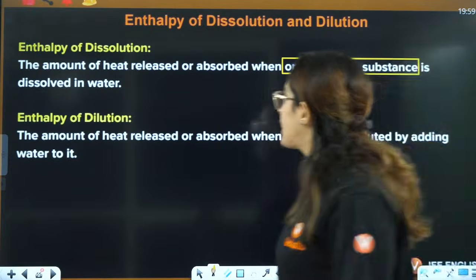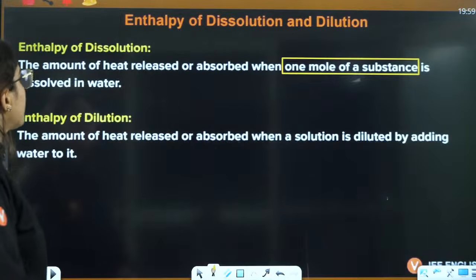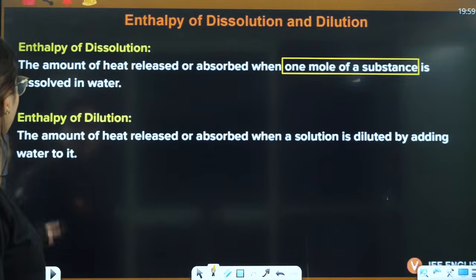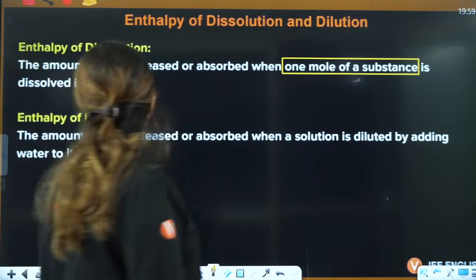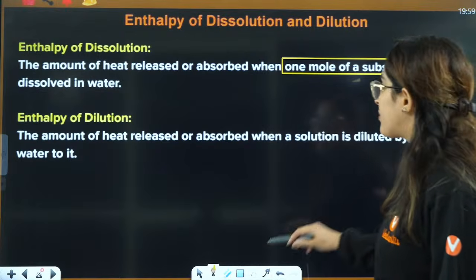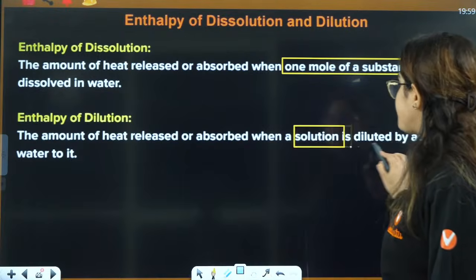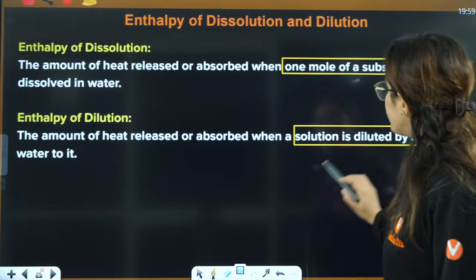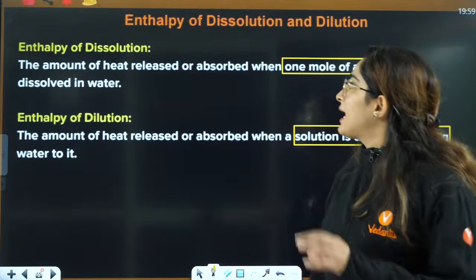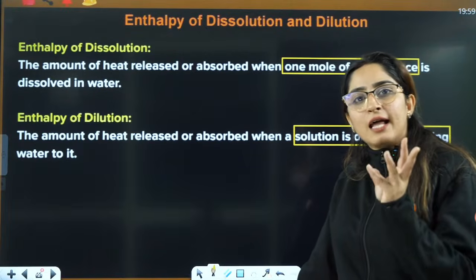So enthalpy of dissolution is the heat released or absorbed when 1 mole of a substance is dissolved in water. Here we are specifying it. Then enthalpy of dilution is the amount of heat released when a solution is diluted by adding water to it.